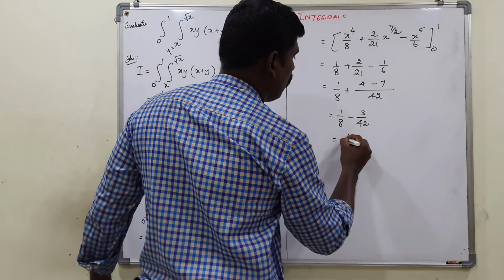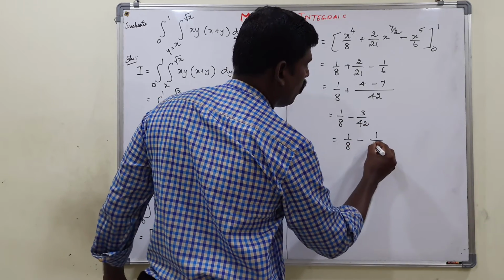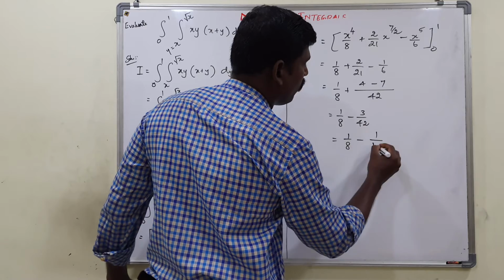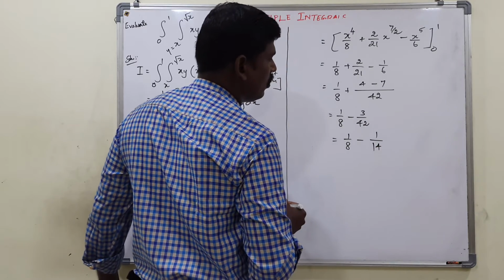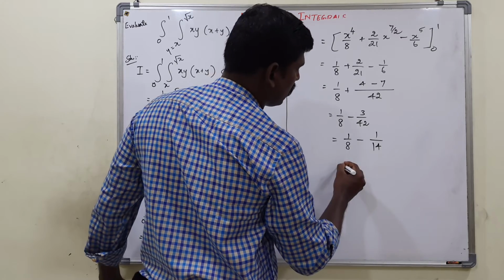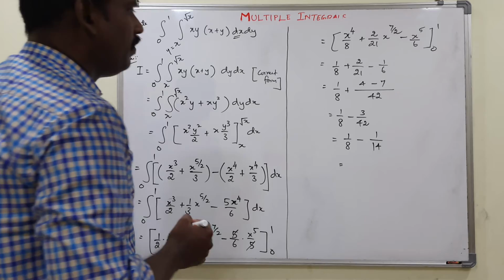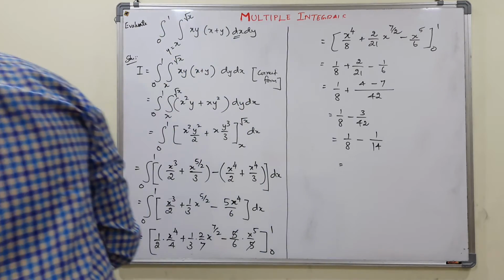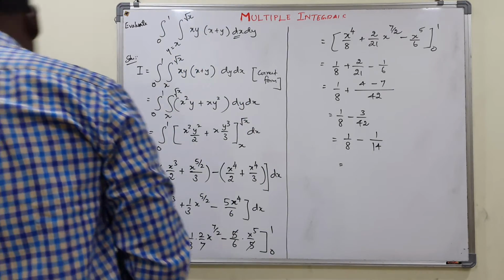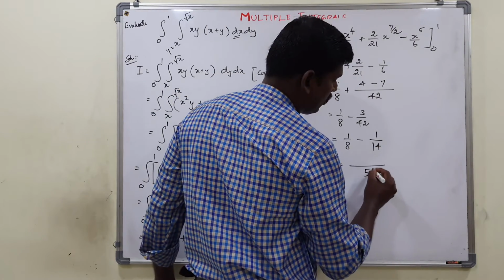We can cancel: 1 by 8 minus 1 by, how many 3s are in 42? 1 time remaining, 1 by 14 times. Is it right? Yes. What is the LCM between 14 and 8? 56.